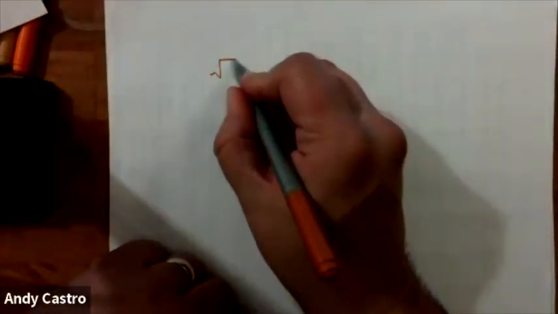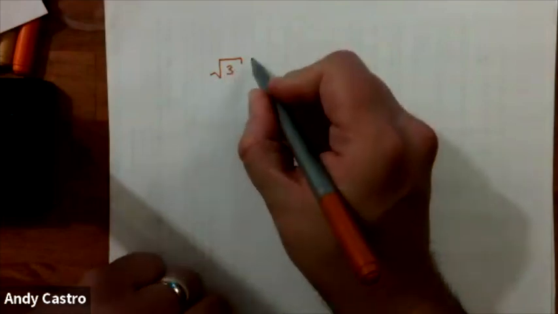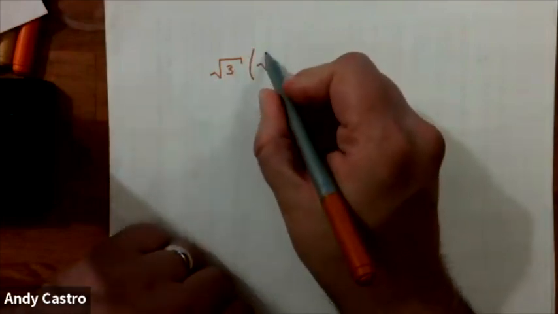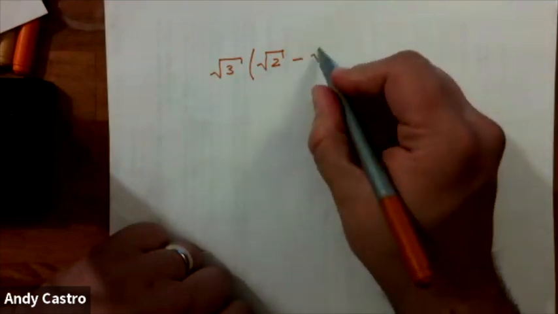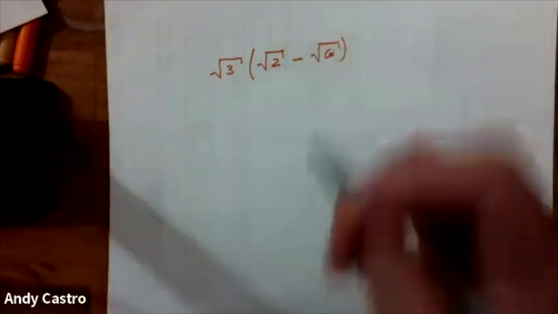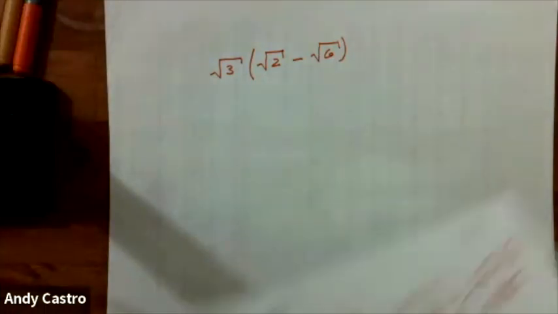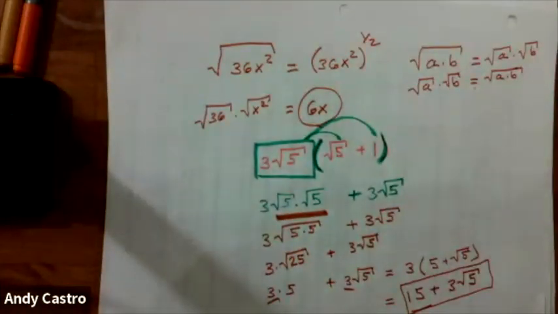Let's do square root of 3 times square root of 2 minus square root of 6. Oh, I did want to bring up one thing from this former one. I forgot to mention this.